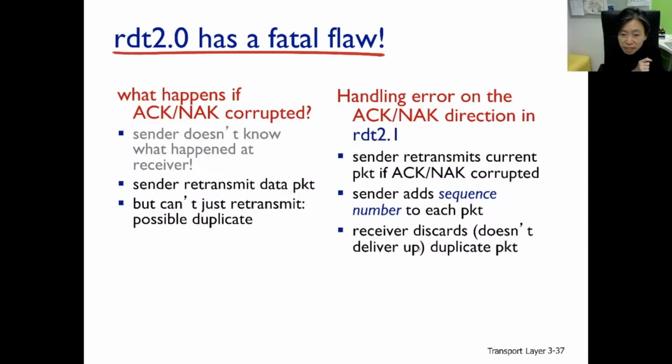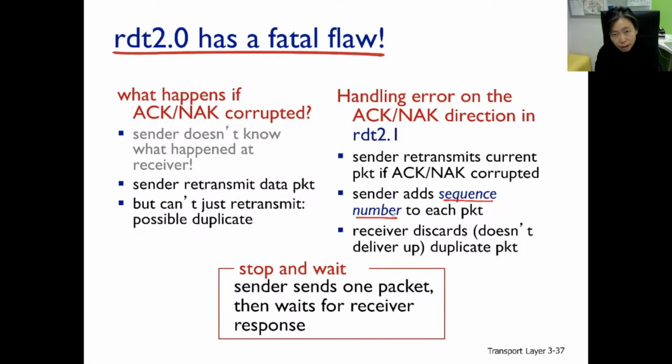And there's one more thing we need to talk about, which tells a little bit about the sequence number requirement here. Think a little bit more. In RDT 2.0 and RDT 2.1, the sender behaves this way. After sending one data packet, it's going to stop and wait for feedback until everything is cleared. Then it will go back to send data again.